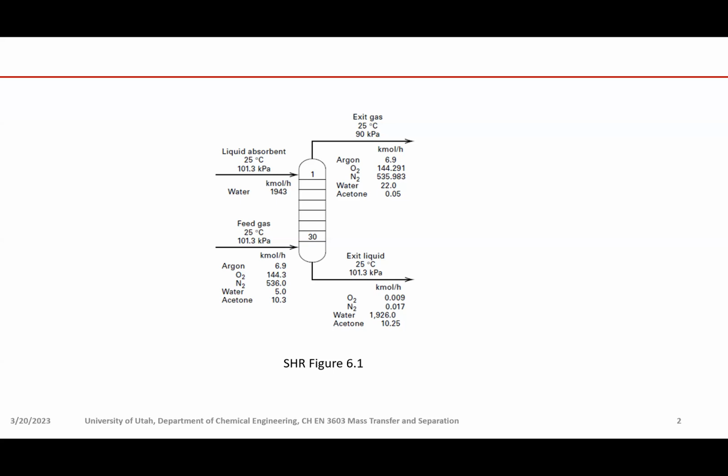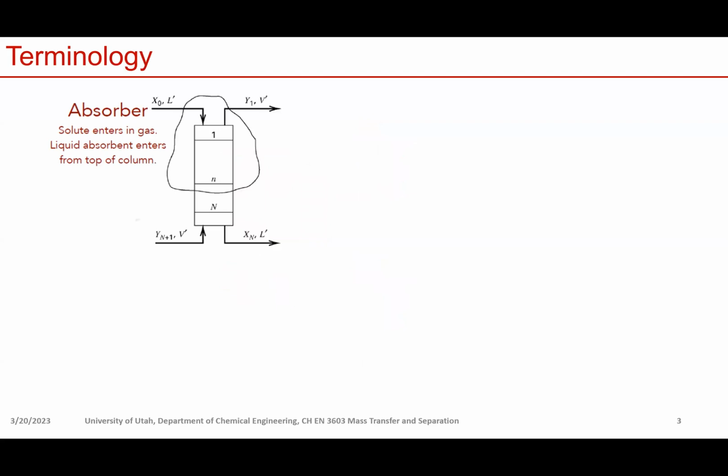We recover over 97% of acetone from this feed gas into the liquid absorbent water, and we only leave less than 3% of acetone, the solute, in the exit gas phase.